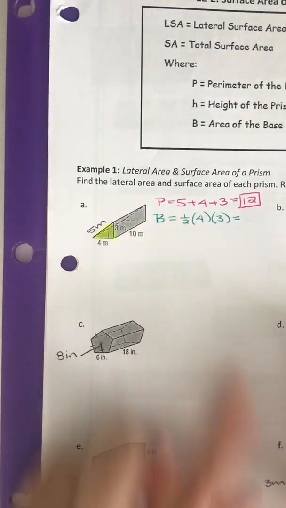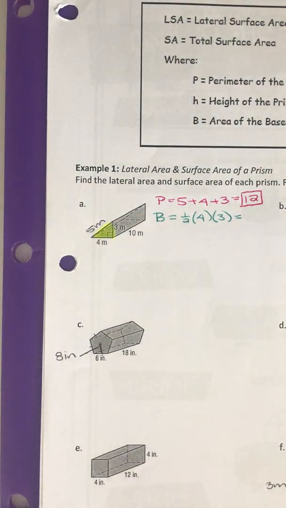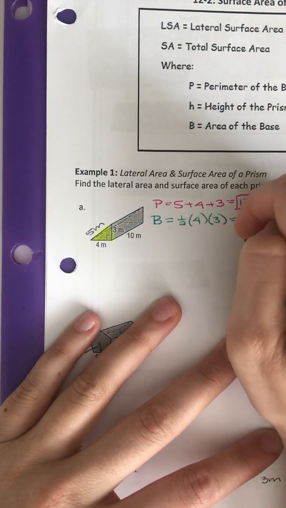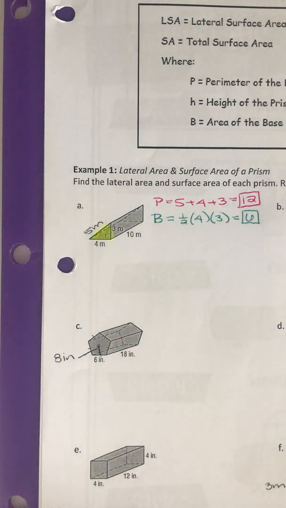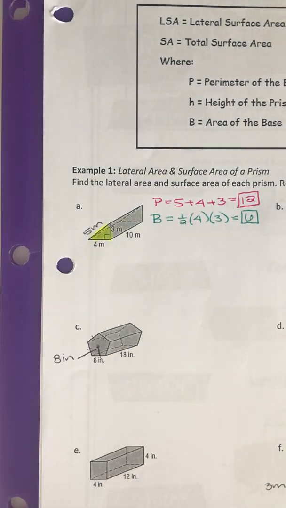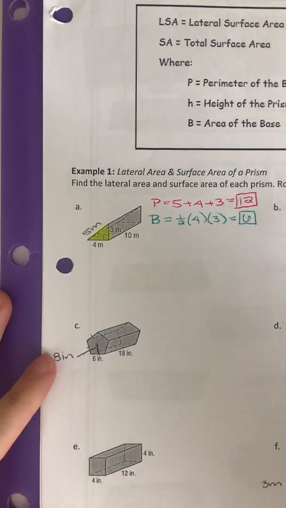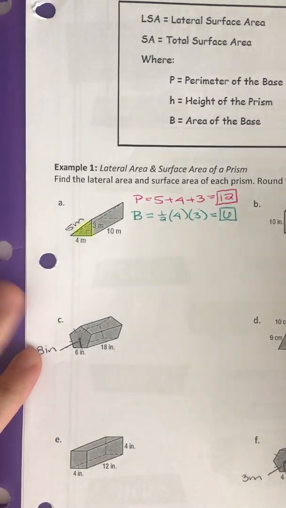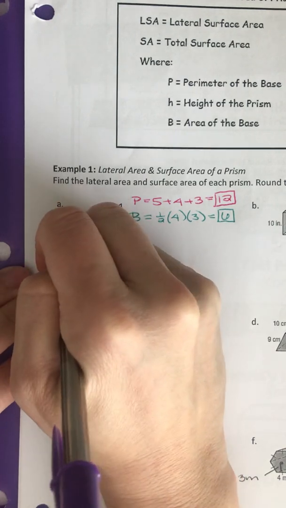So 1/2 of 4 is 2. 2 times 3 is 6. Once you do this part, it makes solving for lateral and surface area much easier. So this is like our behind the scenes work that we have to do in order to get ready for the problem. So now I'm going to do my lateral surface area.